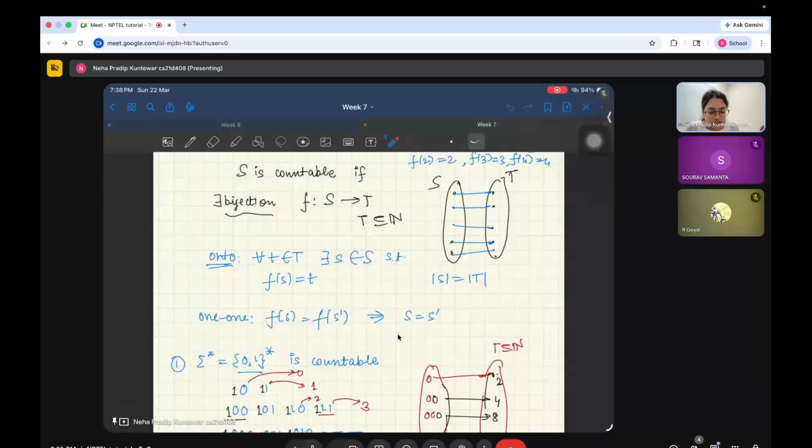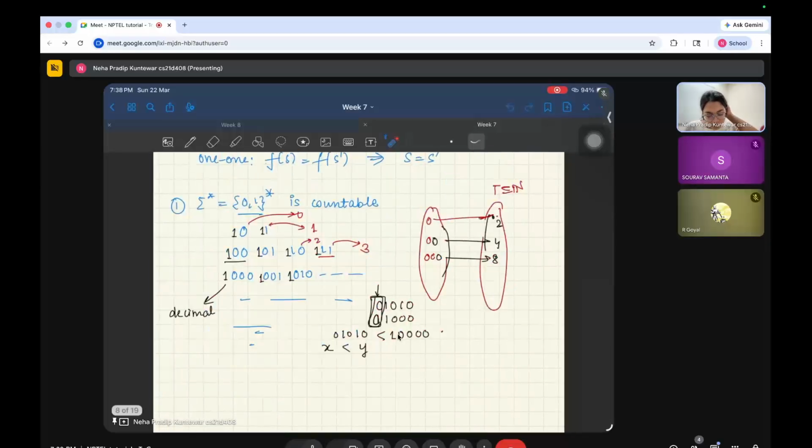A function is a bijection if every element here has a unique element on the right-hand side. It cannot be that two elements get mapped to the same thing. That is the first condition. The second condition is that there cannot be something on the right that is left out, which does not have a blue edge going out. Everything should be covered, then you say that it's a bijection.